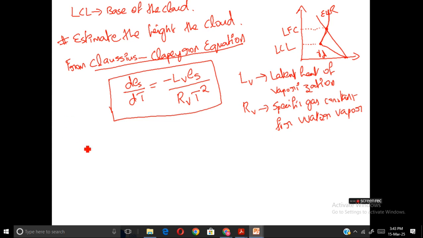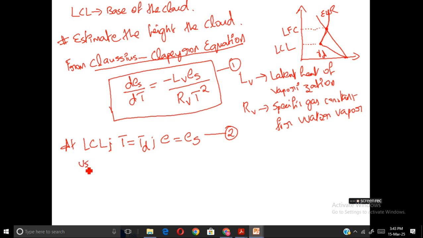So when we reach LCL, at LCL the parcel becomes saturated, right? So what happens? The temperature of the parcel will become the dew point temperature, and the vapor pressure of the parcel will become the saturation vapor pressure.